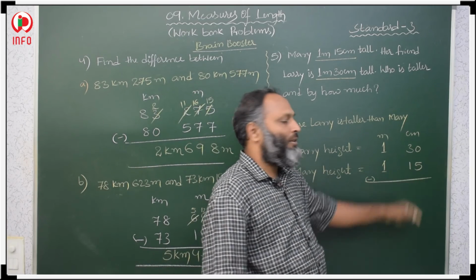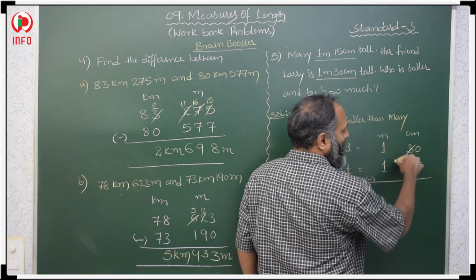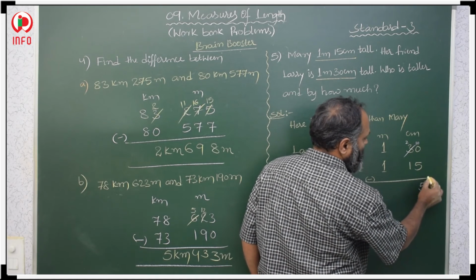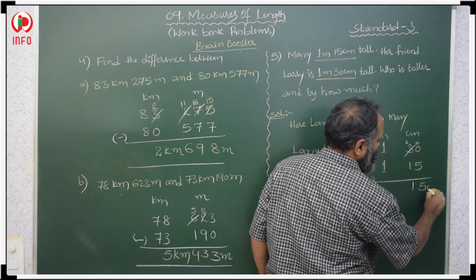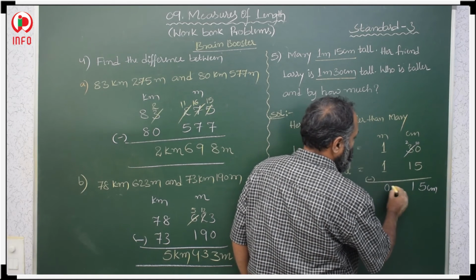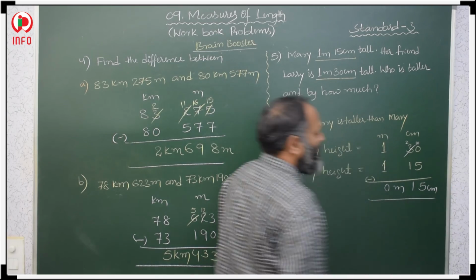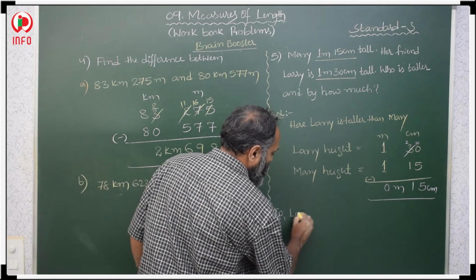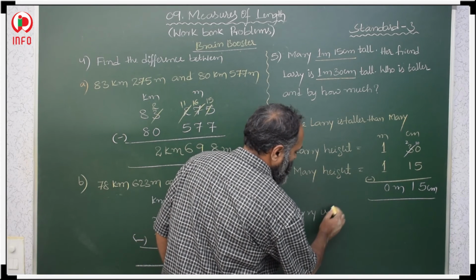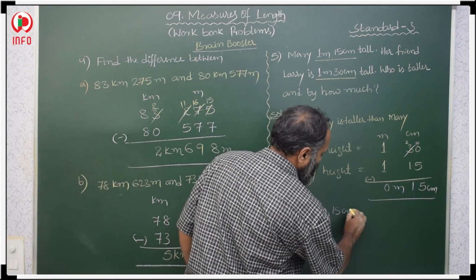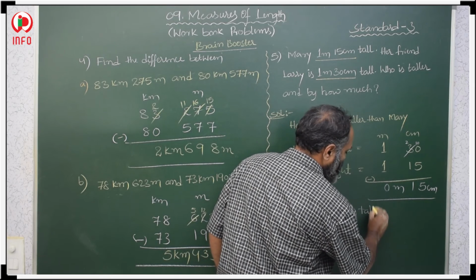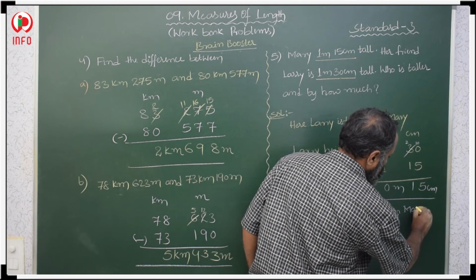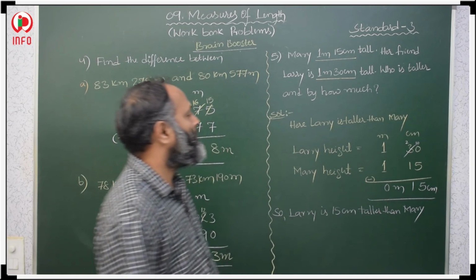So, 0 minus 5 we cannot find, take borrow, it will decrease by 1, it will increase by 10. 10 minus 5 is 5, 2 minus 1 is 1 centimeters and 1 minus 1 is 0. Then how much taller? 15 centimeters taller. So, Larry is 15 centimeters taller than Mary. Okay.